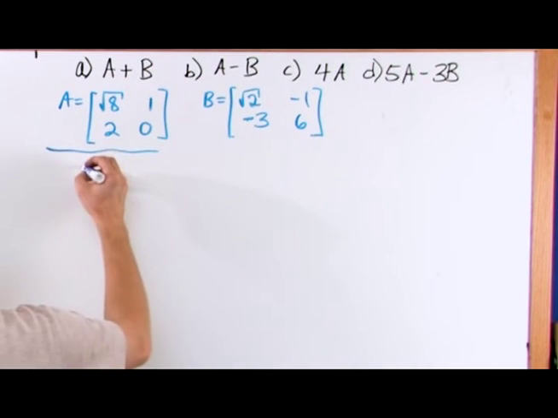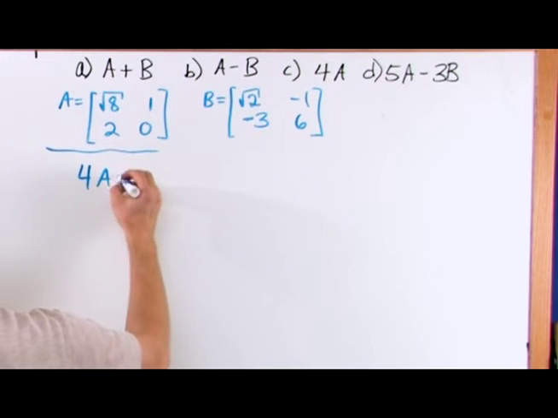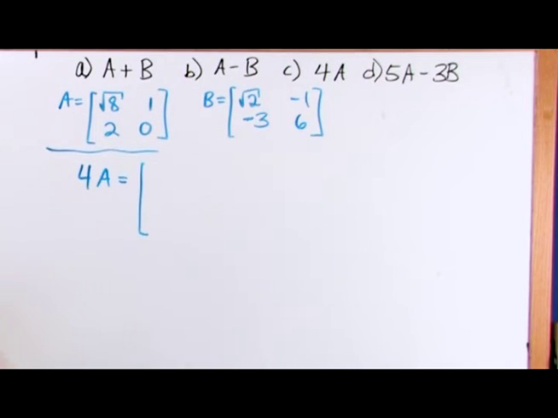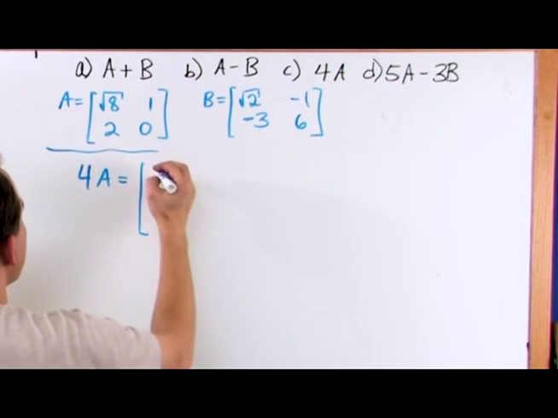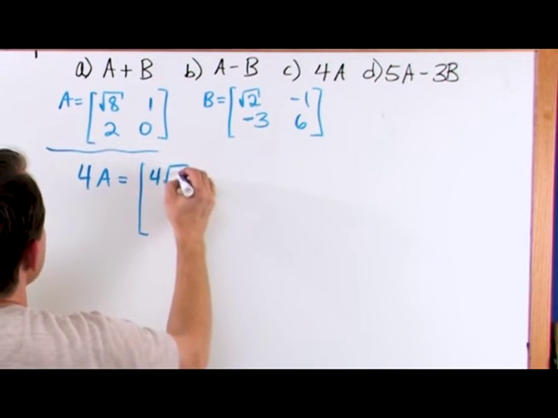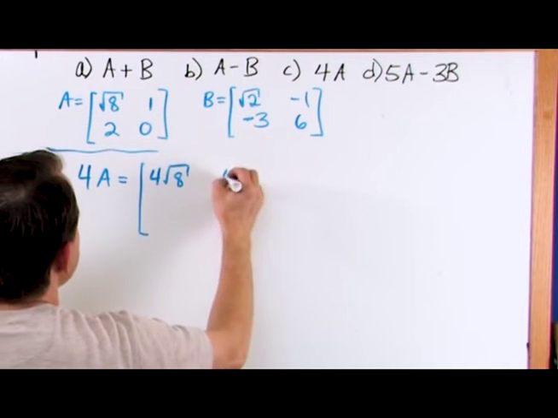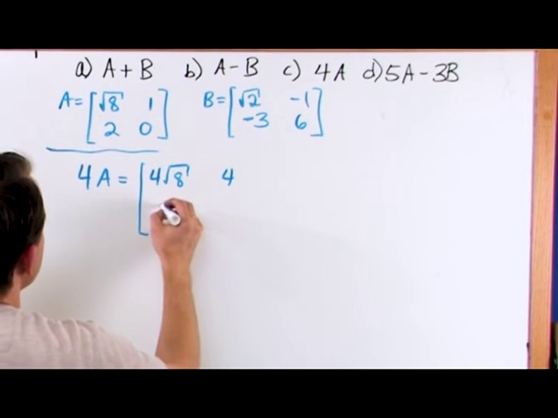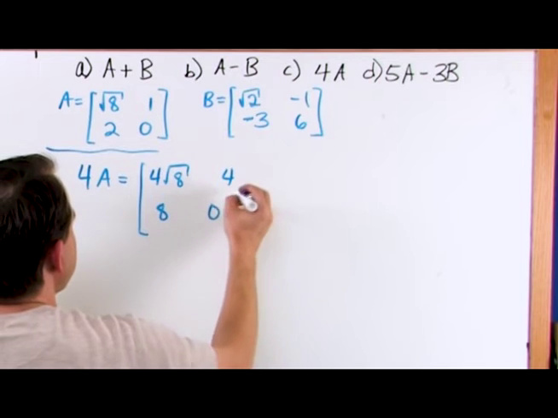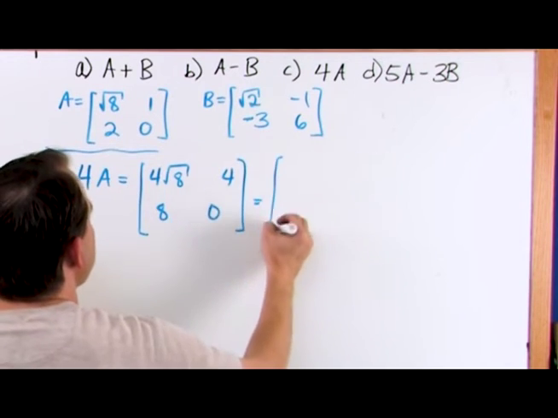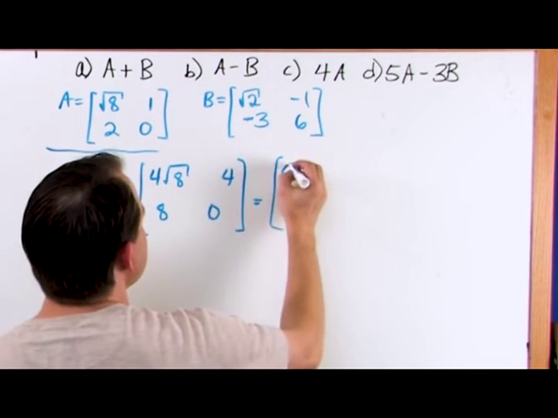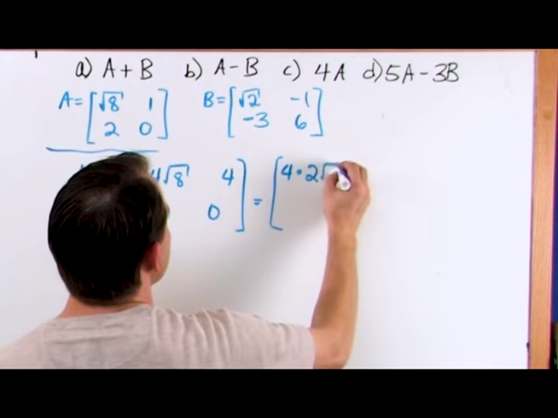Okay, now if you wanted to do part C, which is 4 times the matrix A, it's the same thing as before. You go back and you're looking at the matrix A and you multiply every element times 4. So it's going to be 4 times the square root of 8. 4 times 1 gives me 4. 4 times 2 gives me 8. 4 times 0 gives me 0. But remember that this square root of 8 can be written as 2 times the square root of 2.